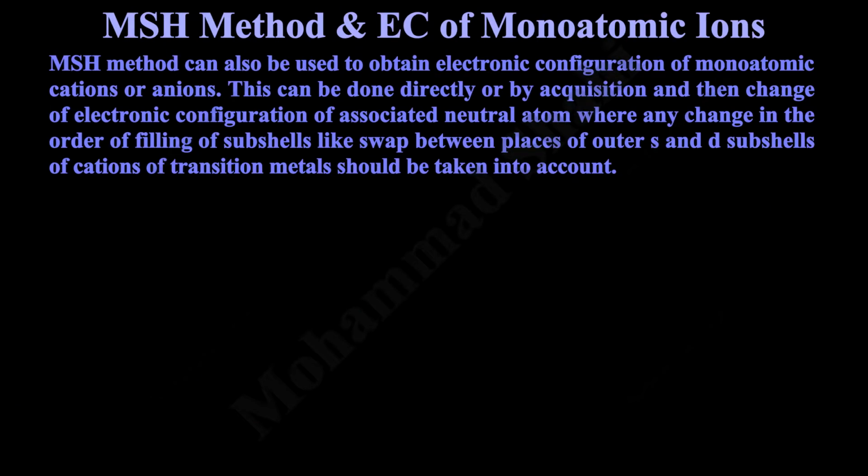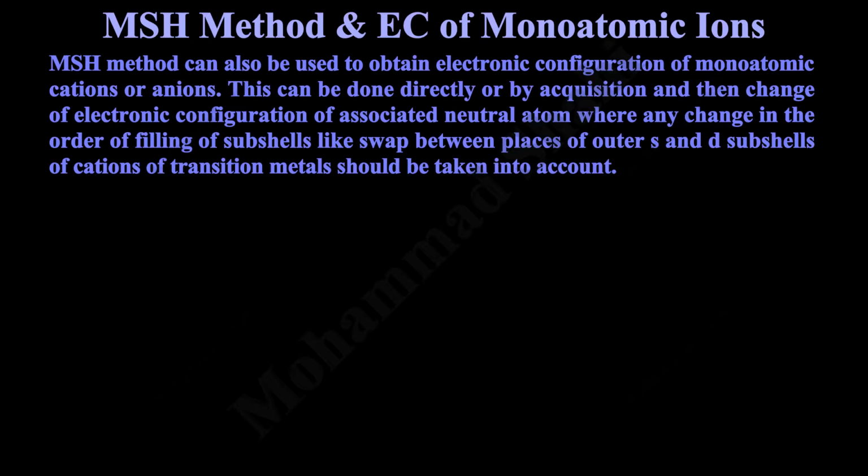The MSH method can also be used to obtain electronic configuration of monatomic cations or anions. This can be done directly or by acquisition of electronic configuration of neutral atoms at first and then changing its outer subshells by removal of electrons in the case of cations and addition of electrons in the case of anions, where the number of electrons to be removed or added equals the absolute value of the charge number of the ion.